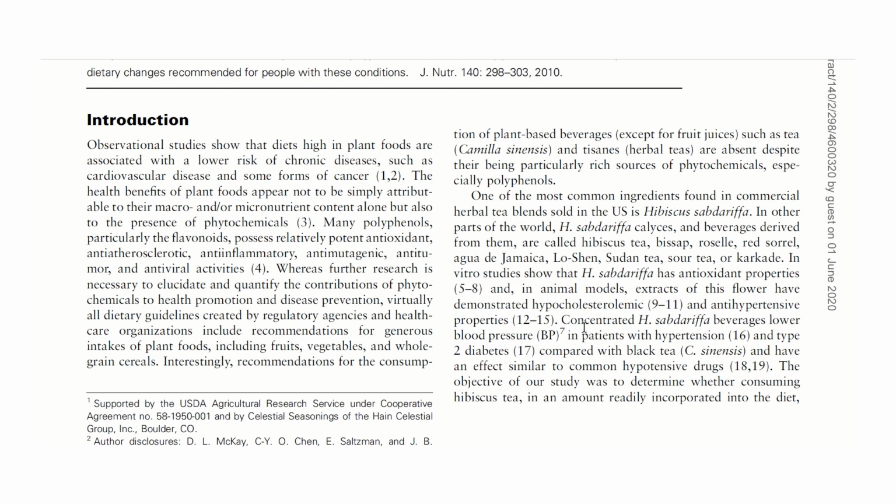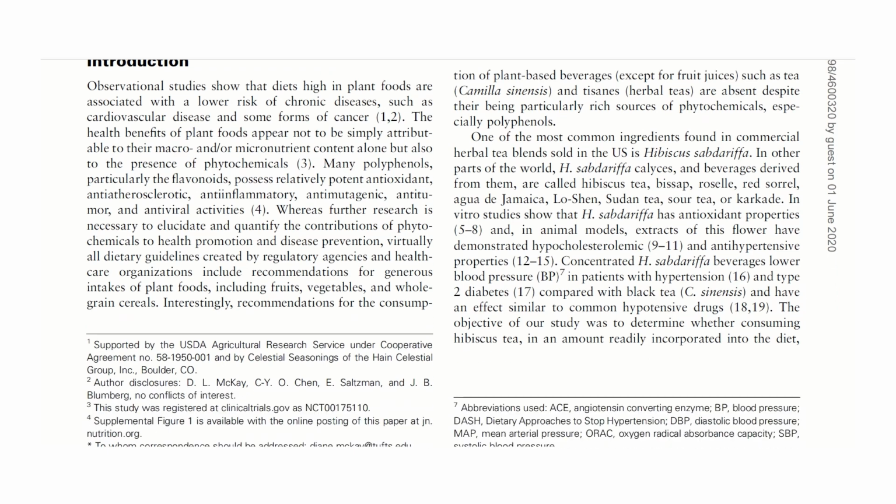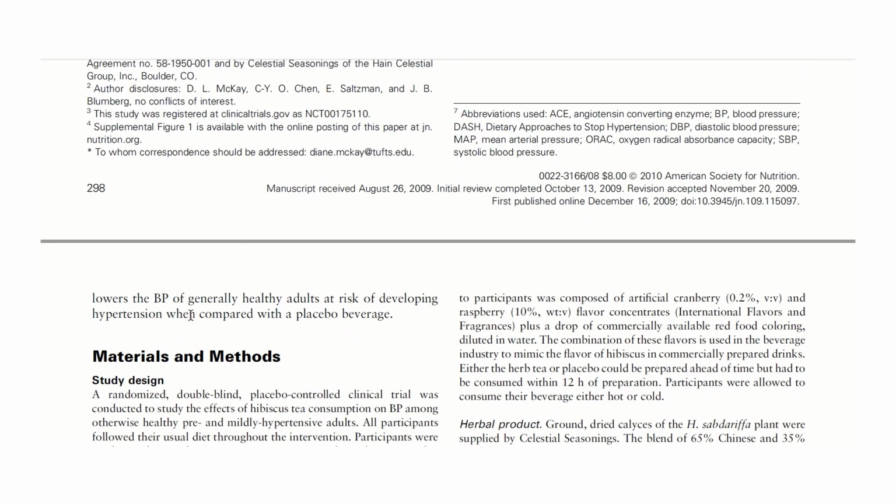And then they said that concentrated H. sabdariffa beverages lower blood pressure. But in the study, they want to determine whether consuming the tea in amounts readily incorporated into the diet, which means not concentrated, but the typical amount that is in the tea, how would that affect the blood pressure?